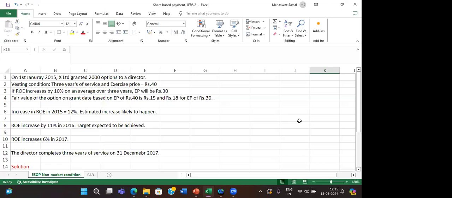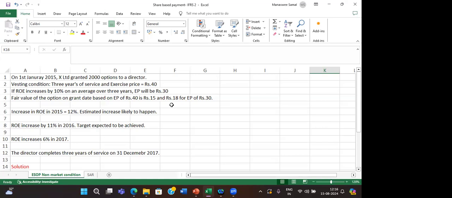Before we proceed further, you just need to understand one thing here. This rupees 15 and rupees 18, please understand that both these values are on grant date. Please don't think that if at all the company will revise the exercise price to 30 tomorrow, then this 18 rupees value is the value of tomorrow.